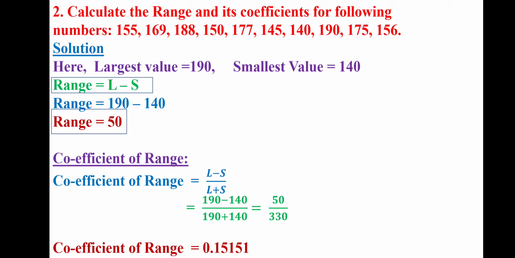So 50 divided by 330 we will get 0.15151. This is the way we calculate range and coefficient of range for an individual series of observation.